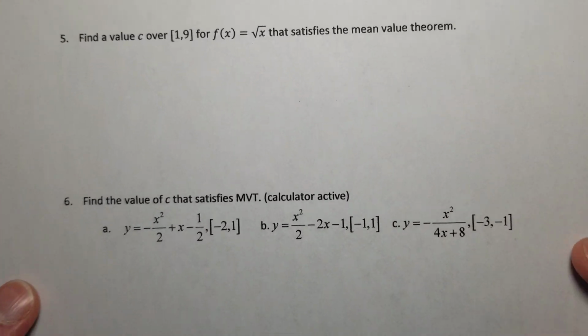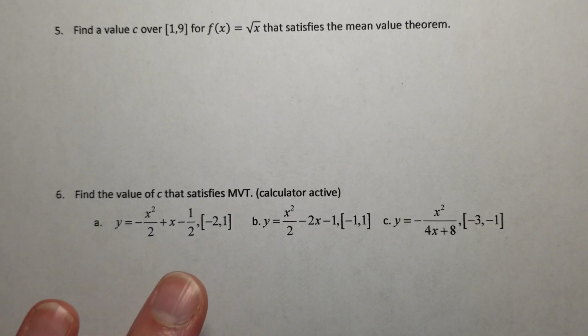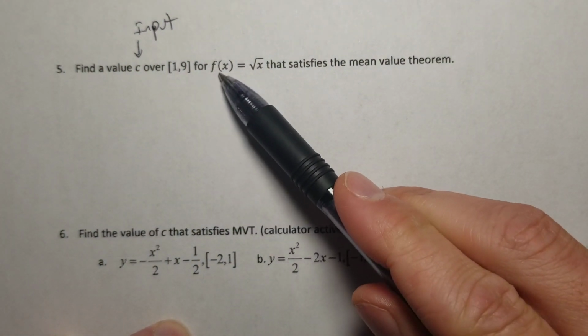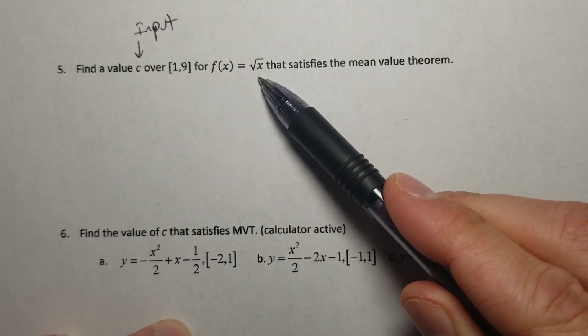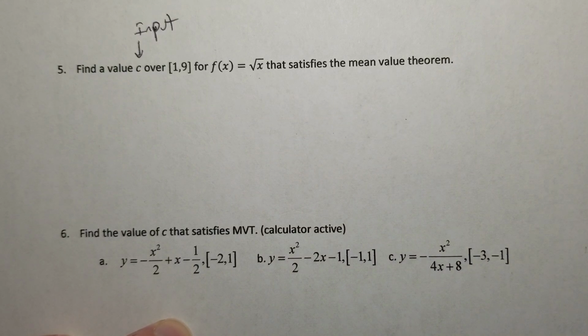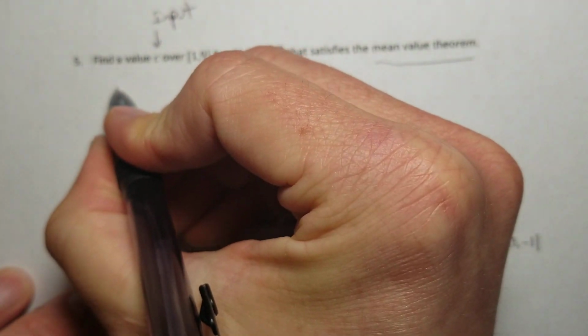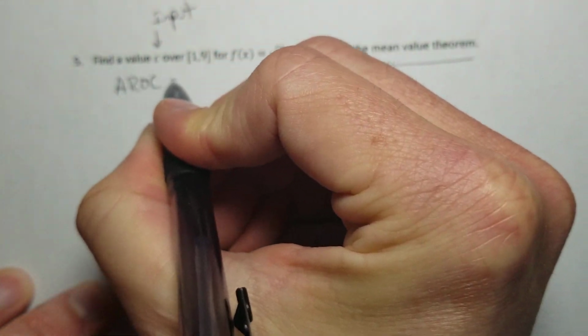Number 5. It says find a C value, find an input, right? We want to find an input over the interval from 1 to 9 for our function f of x equals the square root of x that satisfies the mean value theorem, right? MVT. So we're going to do a rock equals I rock.